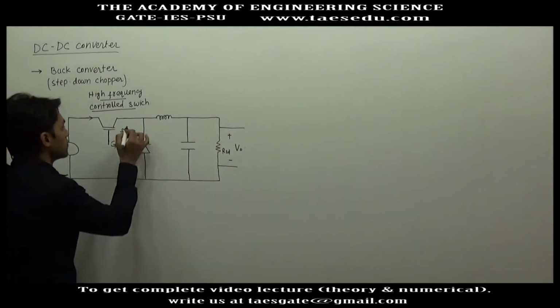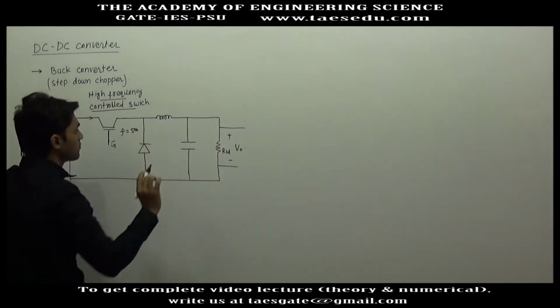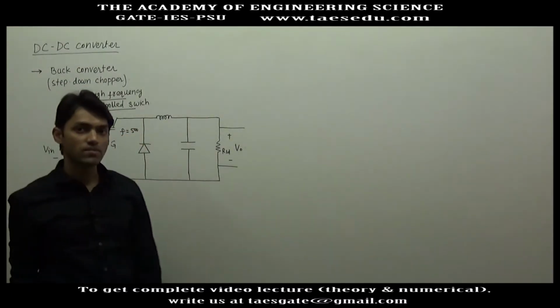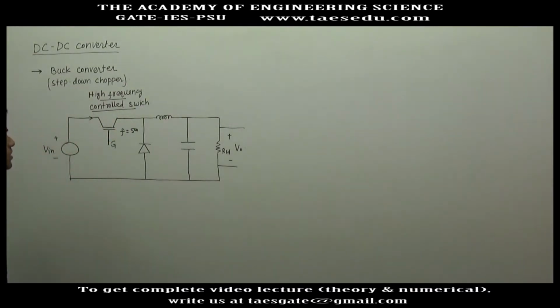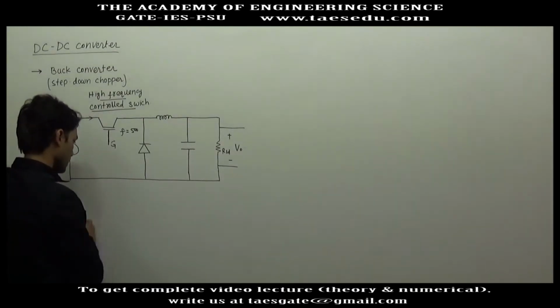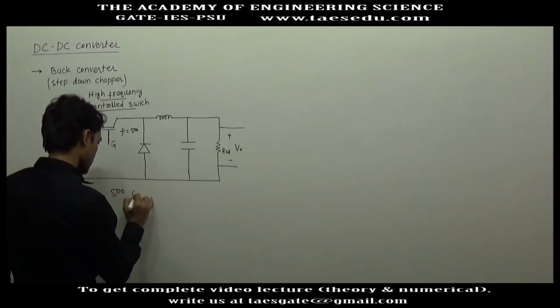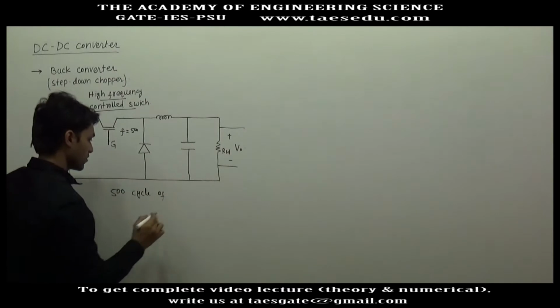Let's say f equal to 500 hertz. So in 1 second, 500 times this switch will be turned on and 500 times turned off. It means in 1 second it will complete 500 cycles of turning on and turning off.